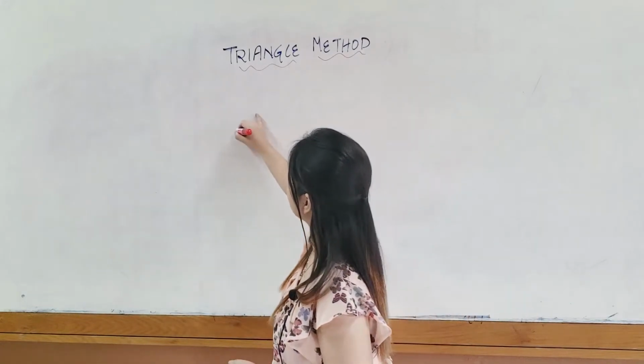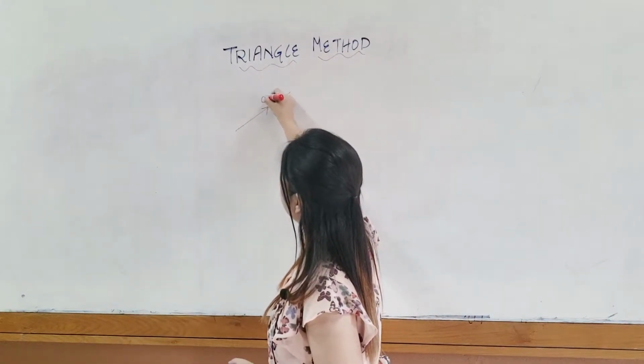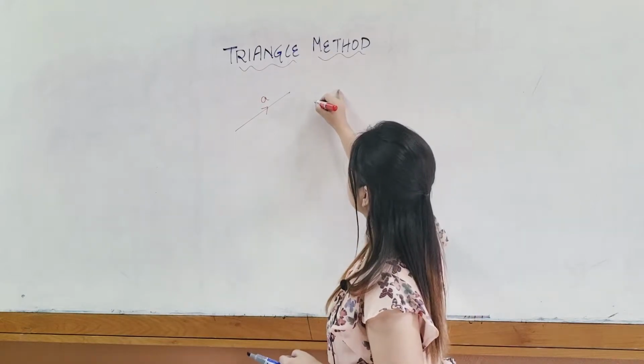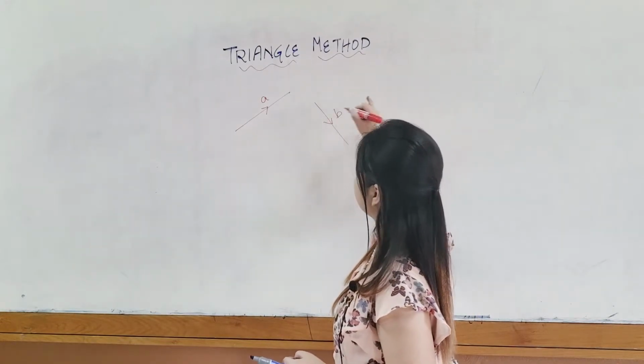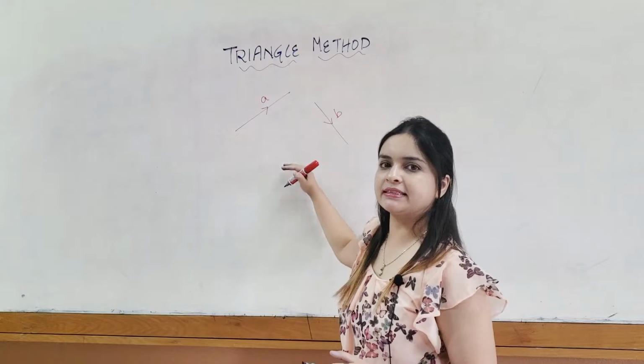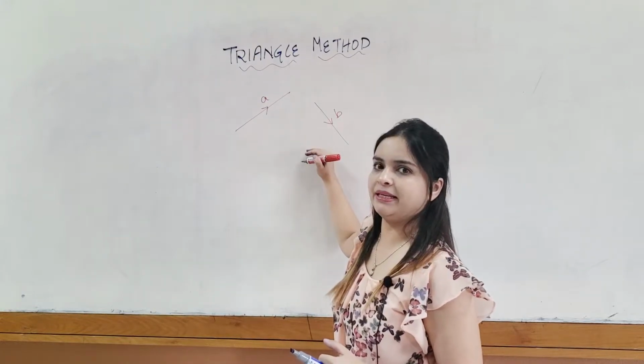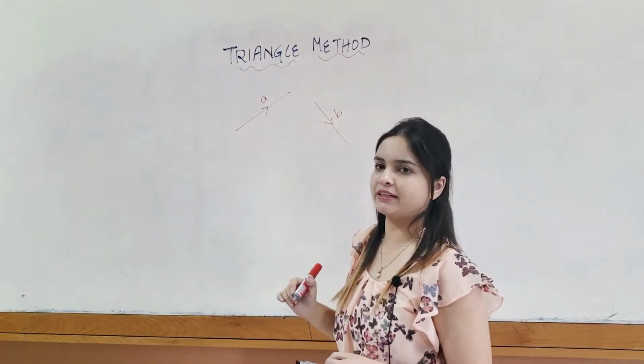Now suppose you have a vector A and you have a vector B. I want to find the resultant of vector A and B. That means I want to add these 2 vectors.